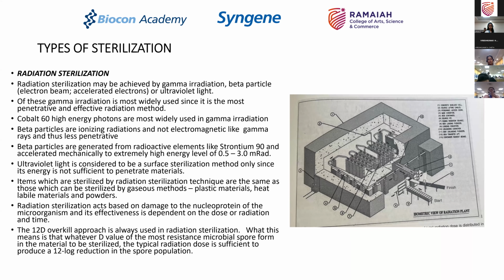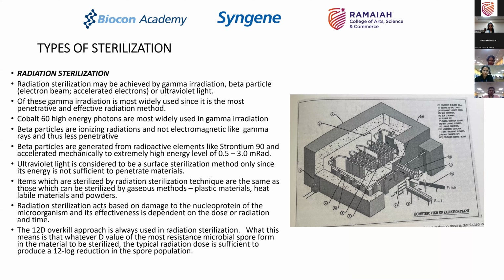So what is the other method which we can use? Let's talk about gamma irradiation and beta irradiation. These are two methods of radiation which are used. Gamma irradiation is one, and beta particles or accelerated electrons is the other.